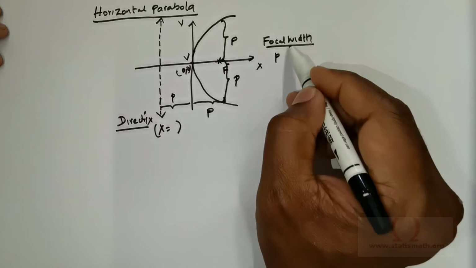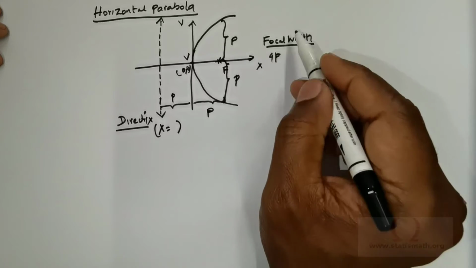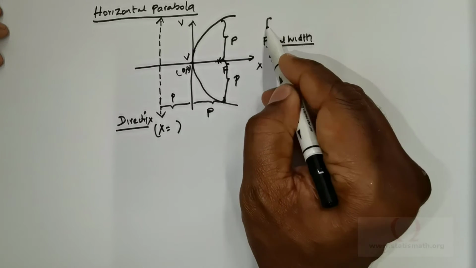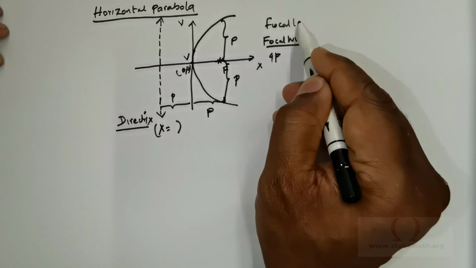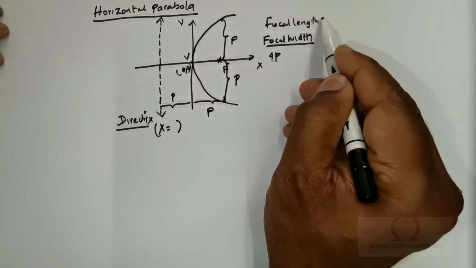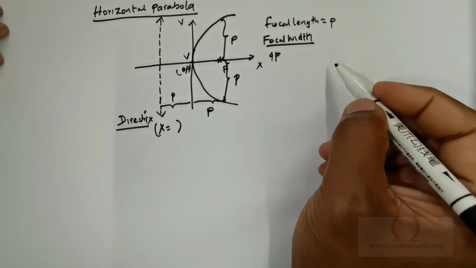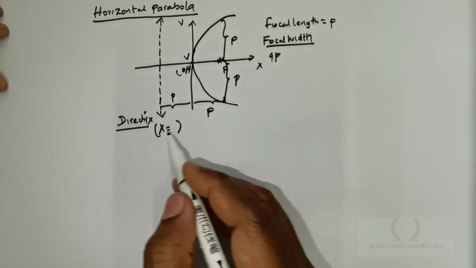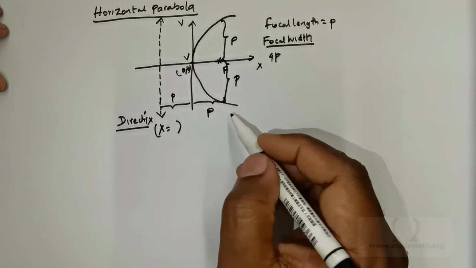In this case, the focal width is given to be 4p, and the focal length is p units. Okay, so this is the rough diagram for the horizontal parabola.